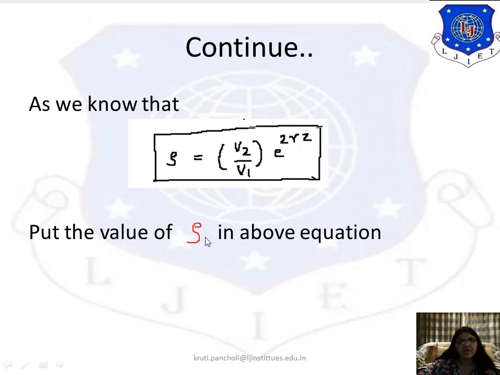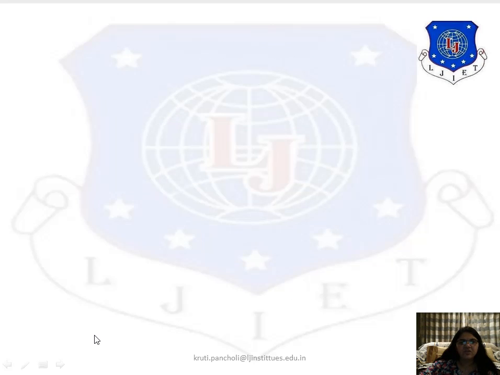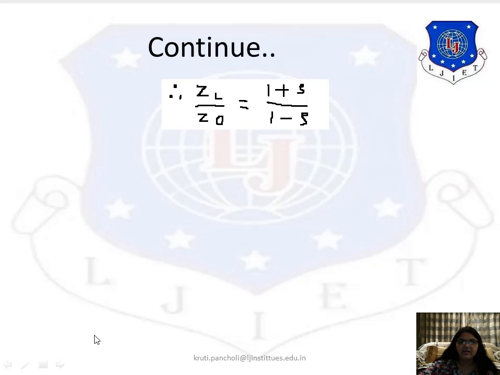Now we put the value of rho in that equation. So ZL is equal to Z0 in bracket 1 plus rho upon 1 minus rho. Again we can find the value of rho in terms of ZL and Z0. We take Z0 to the denominator, so ZL upon Z0 is equal to 1 plus rho upon 1 minus rho.